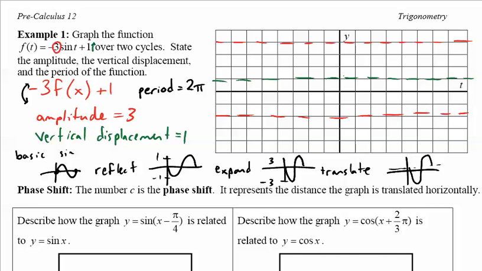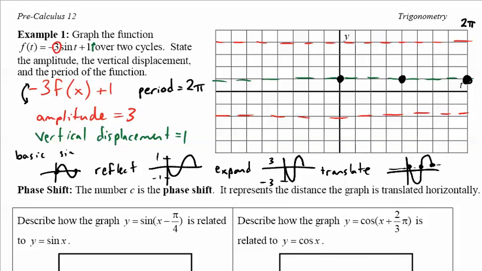Okay, so this graph starts in the center and then goes down and comes back up again. After 2 pi, it's made one complete rotation. So we'll just say that 2 pi is at the end here. By the time it hits the end, it's come all the way back again. Now I've graphed those 2 points. Halfway between those 2 points is another 0, or another time that it crosses the midpoint.